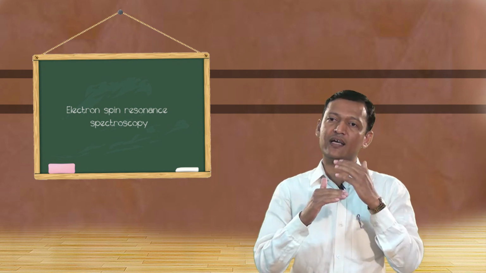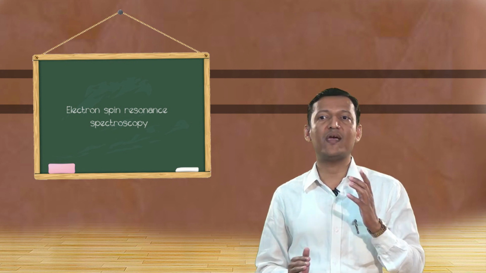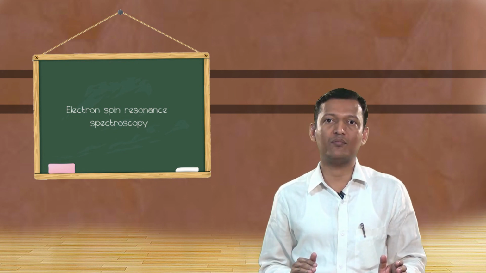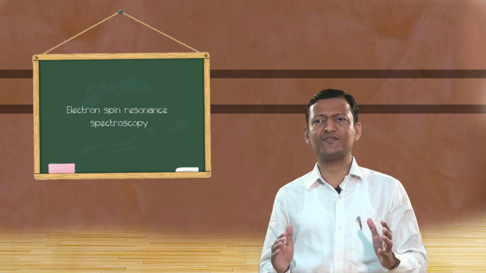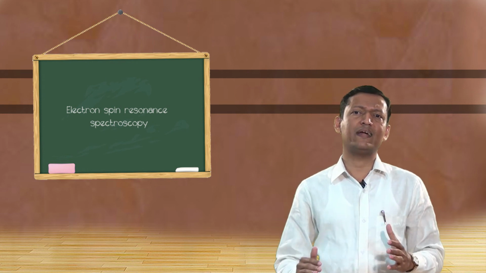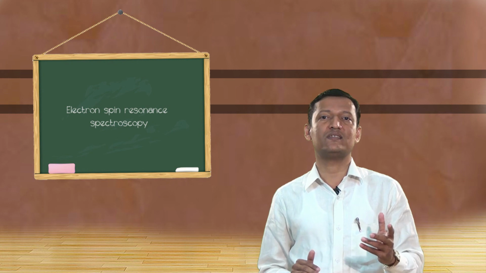If the species contains more than one nucleus with the same nuclear spin quantum number I, then we can use the expression 2nI plus 1. In this way it is possible to predict the number of lines expected in the case of species which contain unpaired electrons.